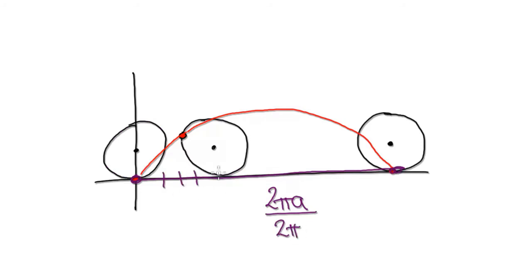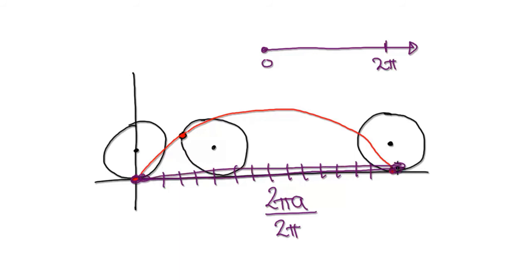Don't forget, B starts at 0 and it ends at 2 pi. So that's one revolution.